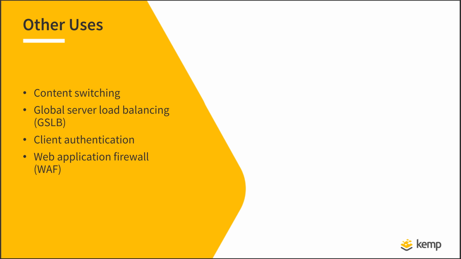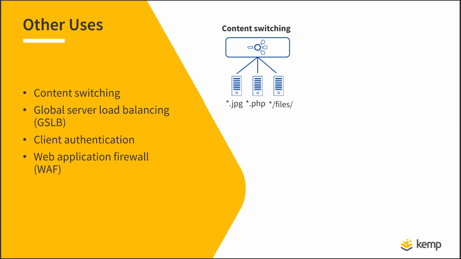There are other uses for load balancing technology, and I don't have time to go through all of it. But there are things such as content switching. Content switching, where you can use the load balancer because it's managing that connection, is inspecting those requests and those connections coming from the user. It can actually make decisions based on what we see in the content.